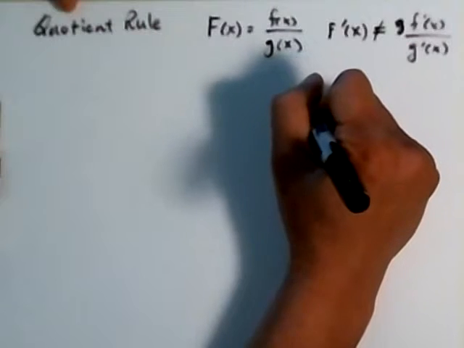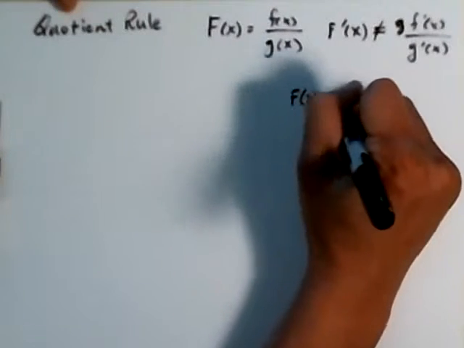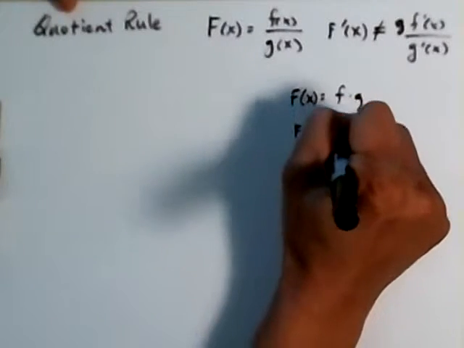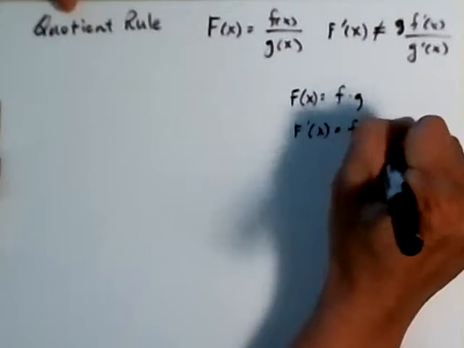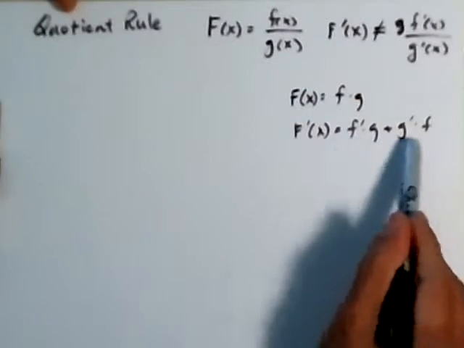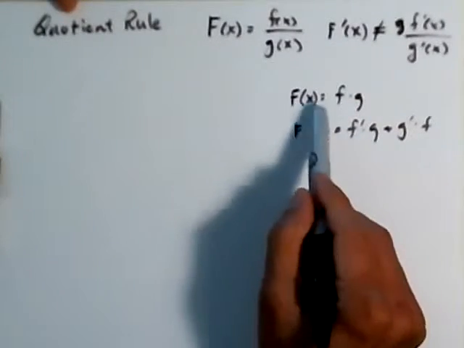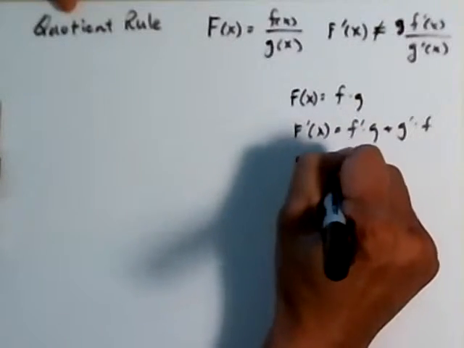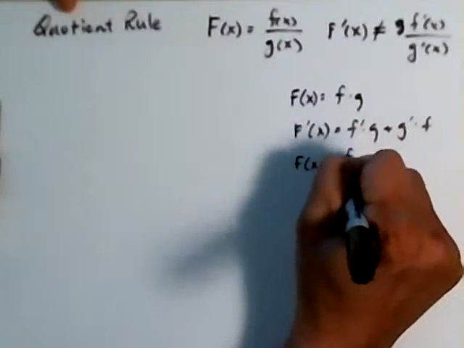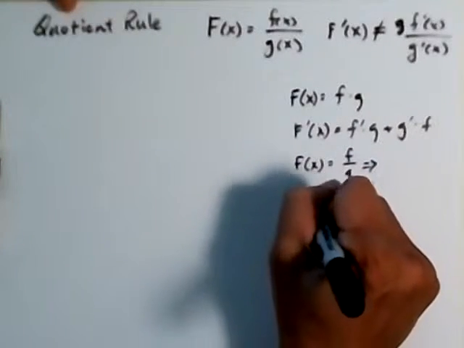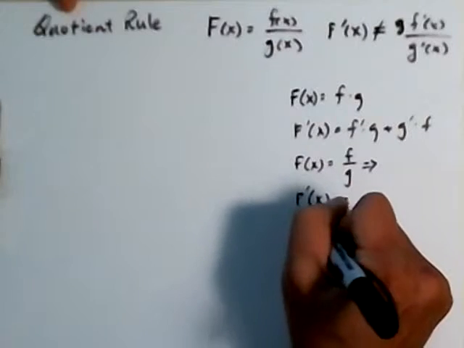So if you're given big F of x is equal to f times g, the derivative of that, F prime of x, is equal to f prime times g plus g prime times f. That's a little bit of review for the product rule. If you're given the function F of x is equal to little f over little g, then F prime of x is equal to the derivative of that.